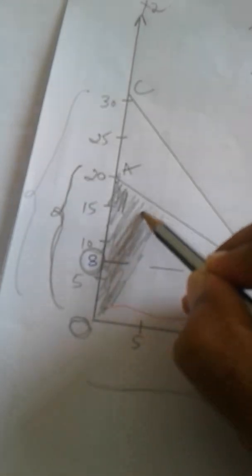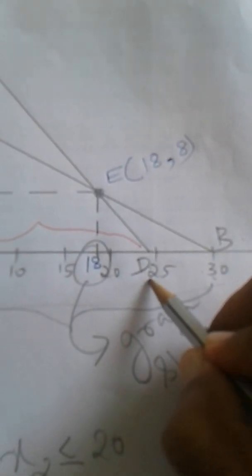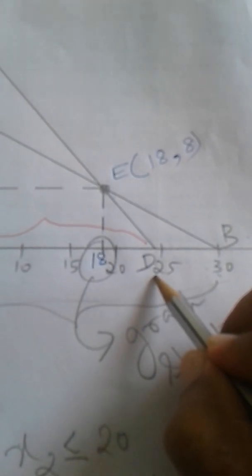What it means is that product B should be not more than 20 units. And similarly in this case also, product A should not be more than 24 units. That is the meaning. So that is the reason we are going to shade only this particular area.